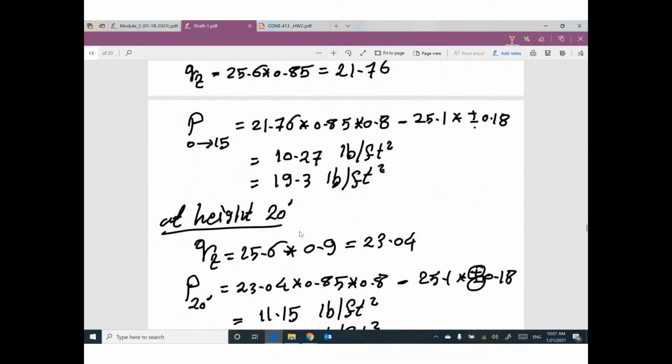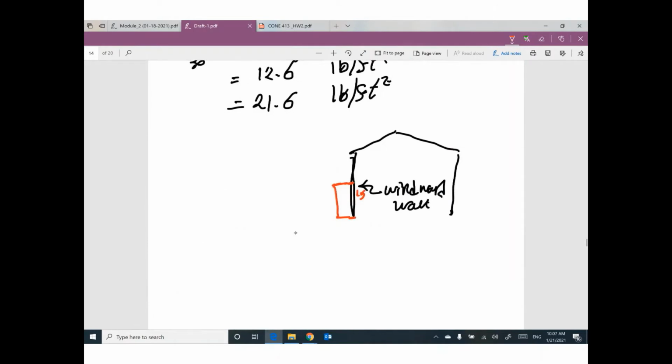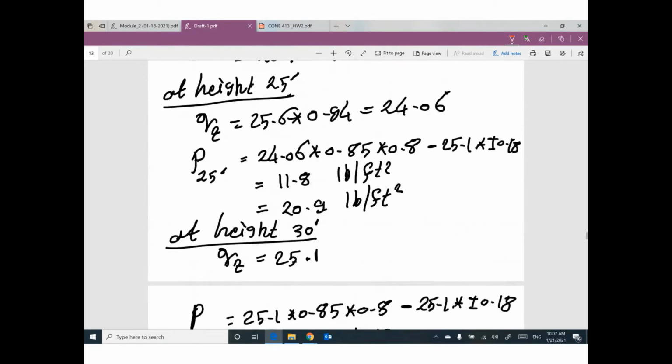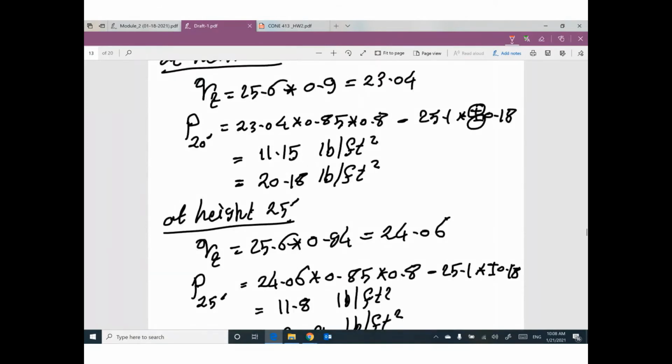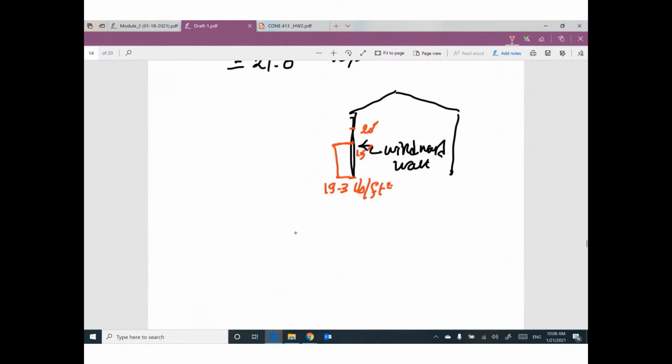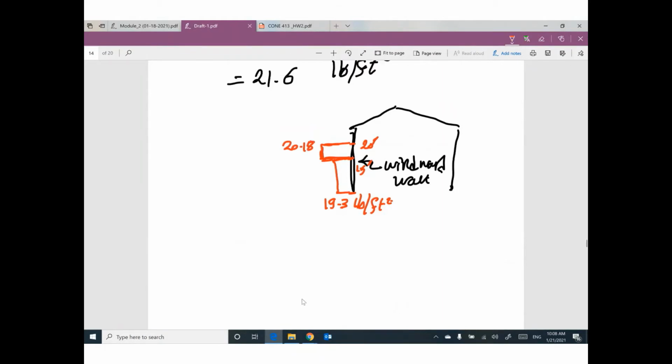I will use the maximum value, the highest value, 19.3 pounds per square foot. From 15 to 20 feet, we have another value, 20.18 pounds per square foot.